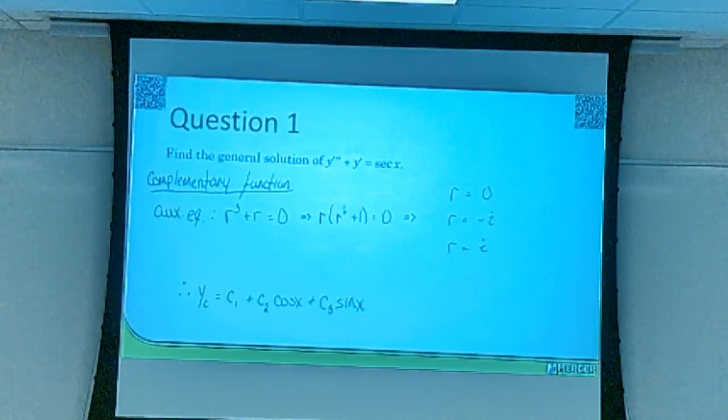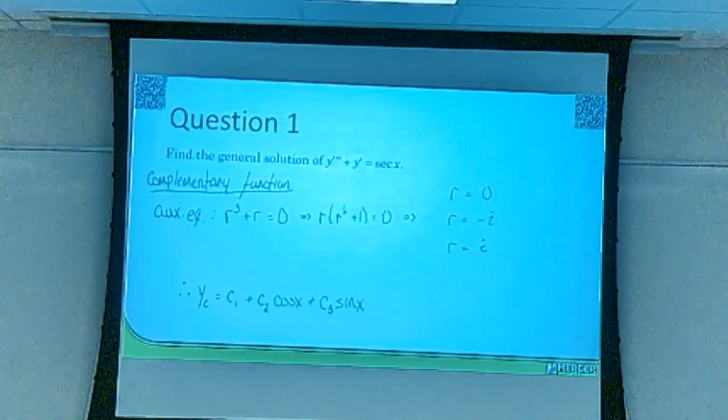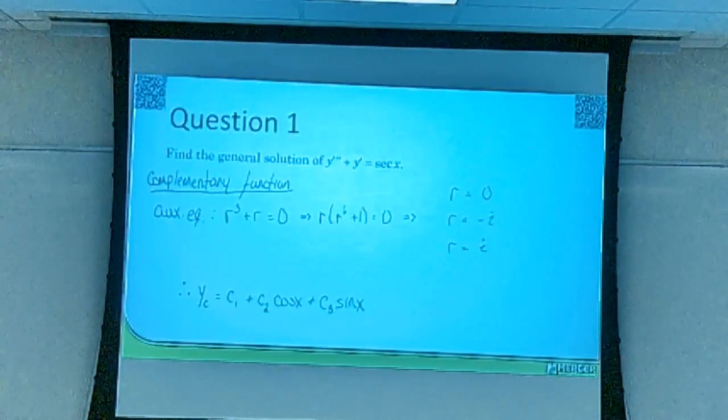And then you have what after e to the alpha x? C1 cosine beta x, where beta is your imaginary component, plus C2 e to the alpha x sine beta x. The real component here is 0. The imaginary component is 1.